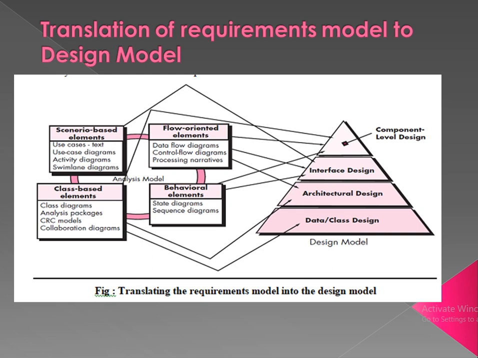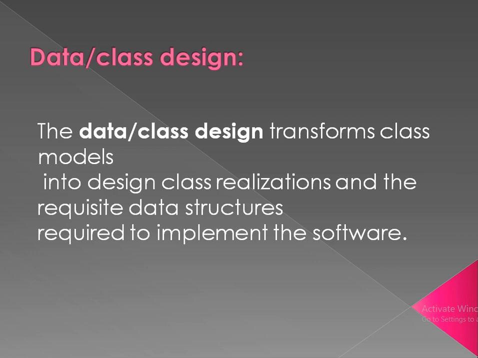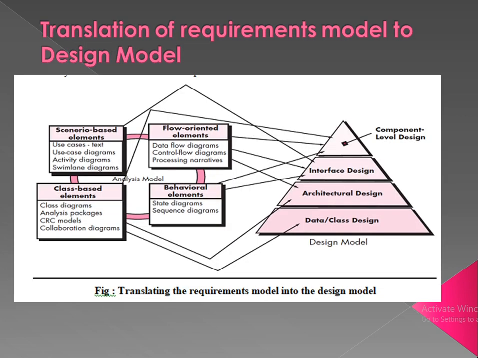In the design model, what is there? It has component level design, interface design, architectural design, and data class design. If you come to the data class design, what is it? This data class design is transformed from the class based elements.